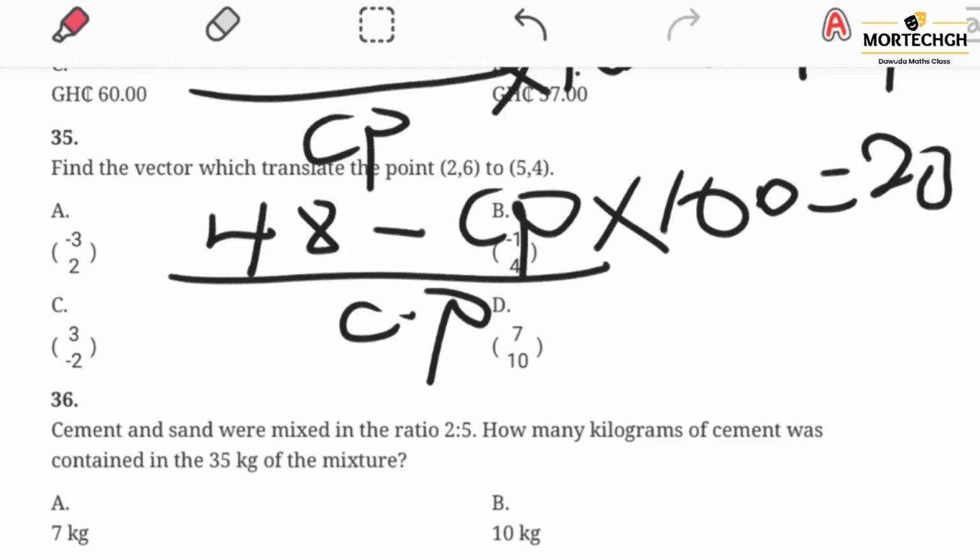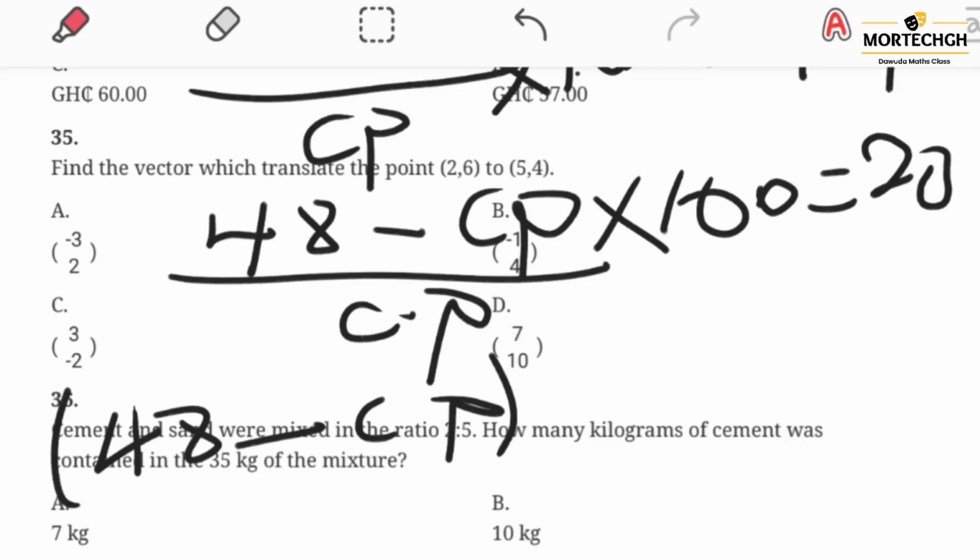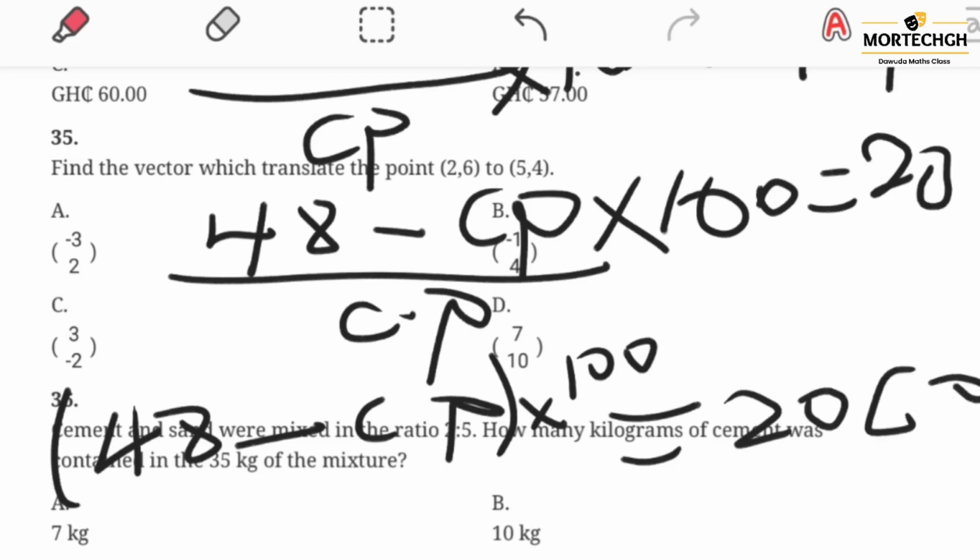Now here we can multiply both sides by cost price. So we now have 48 minus cost price, like this, times 100, to be equal to 20% of CP, that's the cost price.